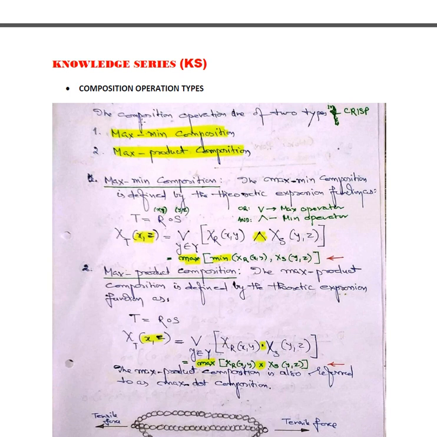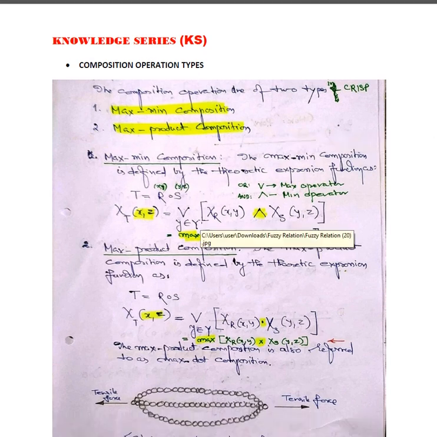That means composition operations in a crisp setting are based on two types: maximum-minimum composition and maximum-product composition.